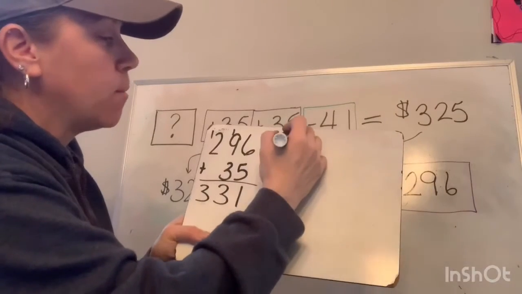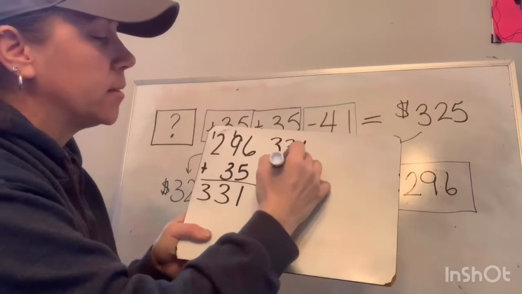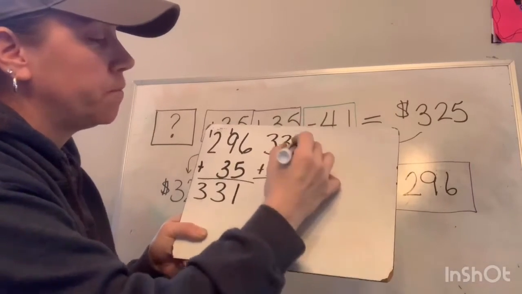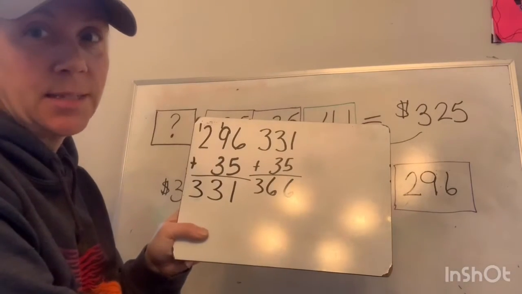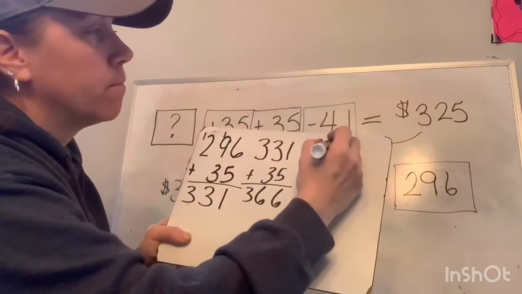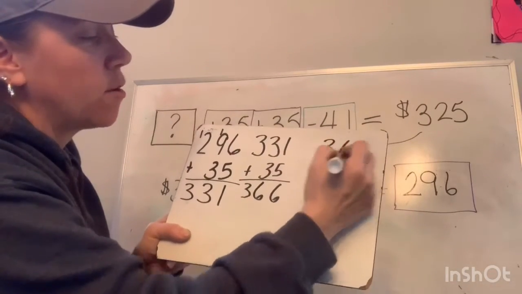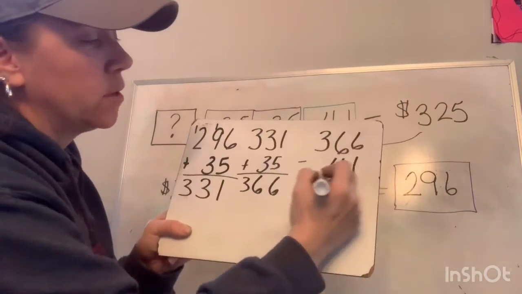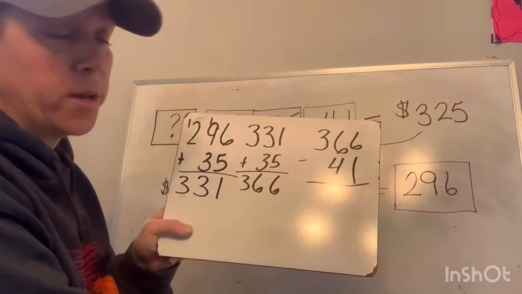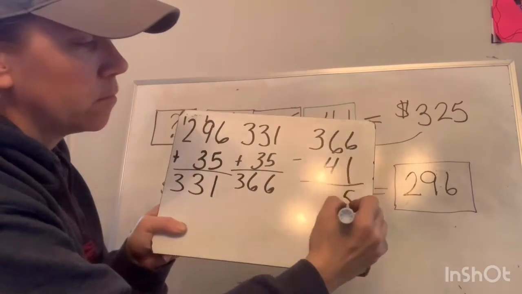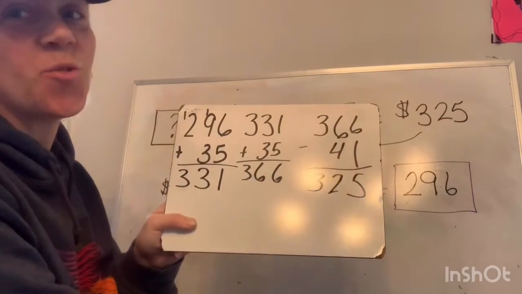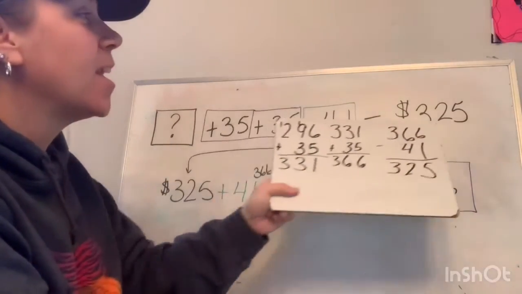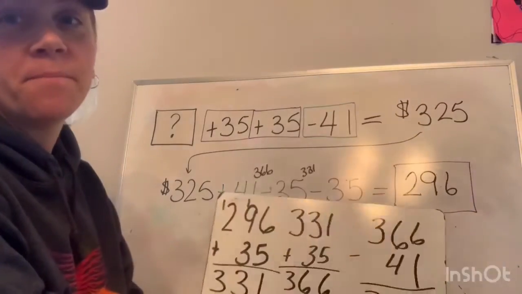Then the next day he went back to the bank and deposited another $35. And he had $366 in the bank. Then he decided to go to the bank and take out, or withdraw, $41. And now he has $325 in the bank.